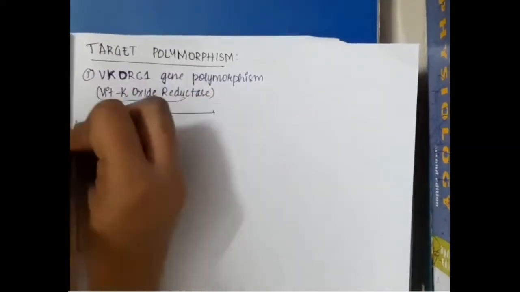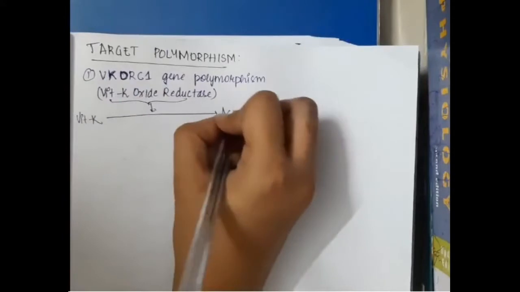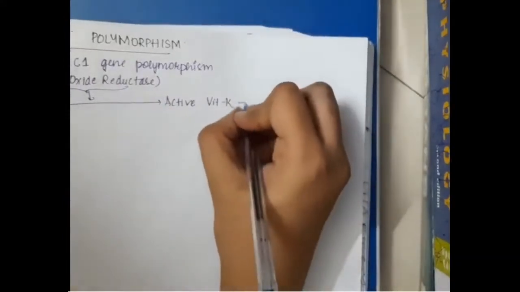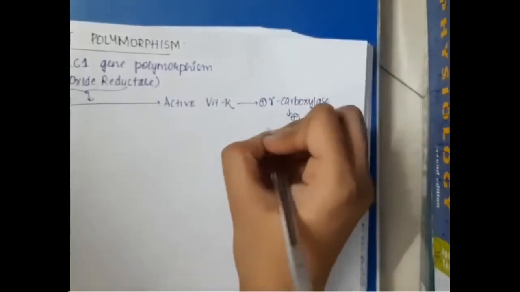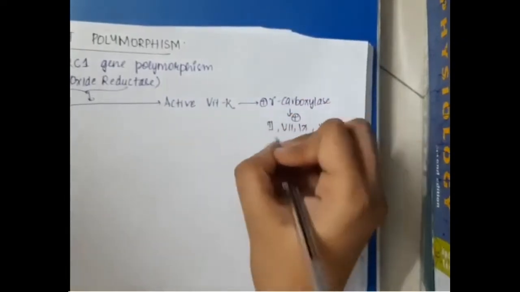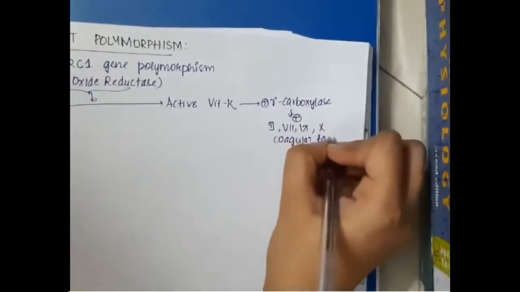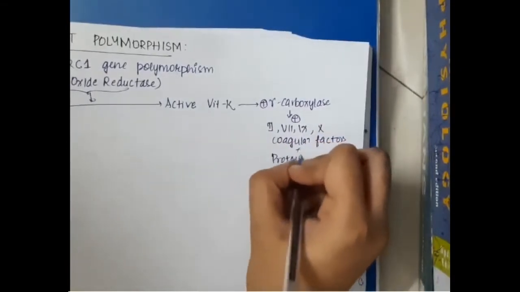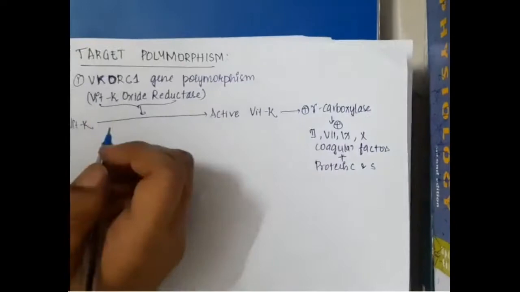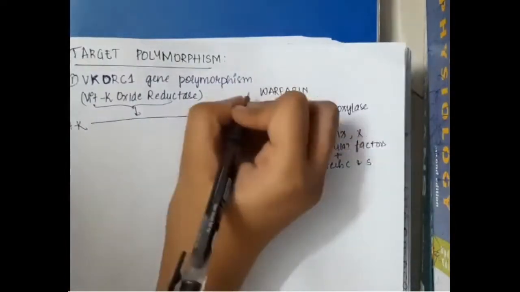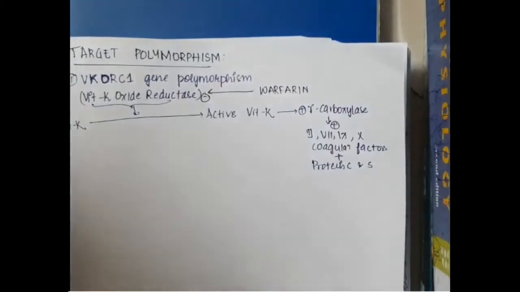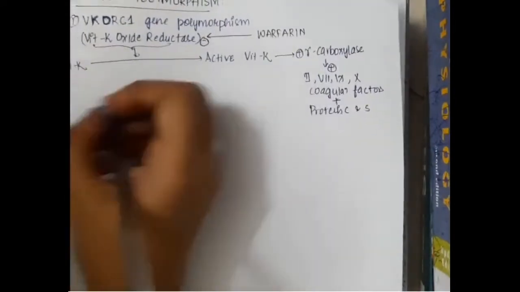Vitamin K gets converted to the active form of vitamin K. This active form activates the gamma carboxylase enzyme, which activates coagulation factors 2, 8, 9 and 10, along with protein C and protein S. Warfarin inhibits vitamin K oxide reductase.